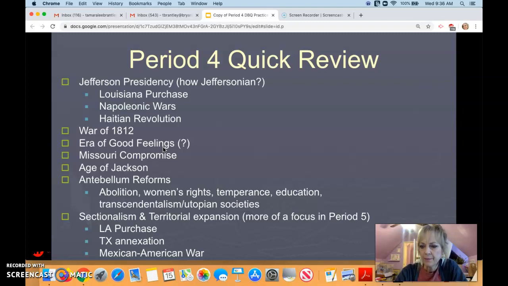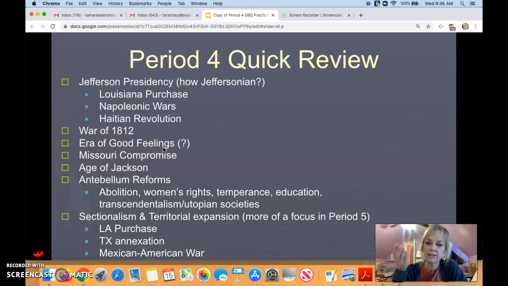But if you think about it, the tensions that had existed from the beginning between the North and the South over the issue of slavery, those issues are still there.